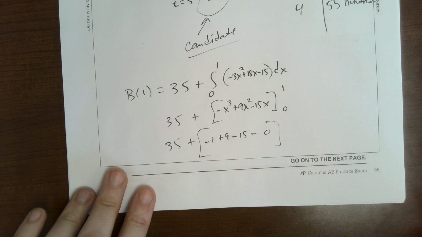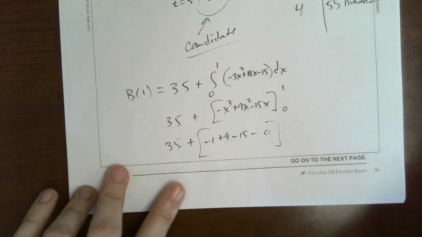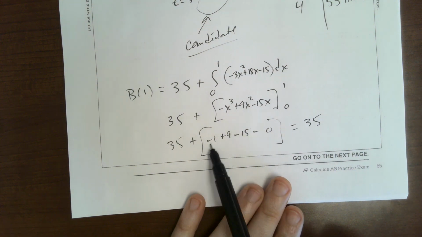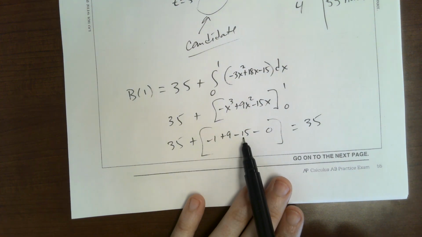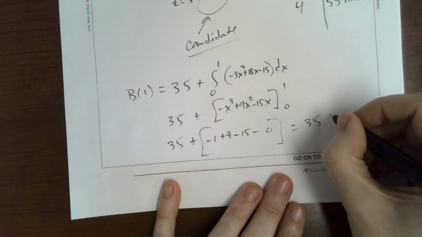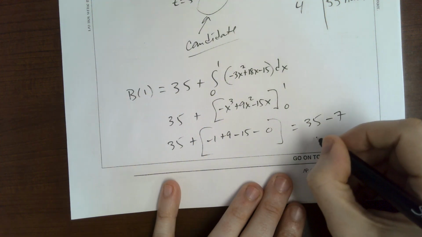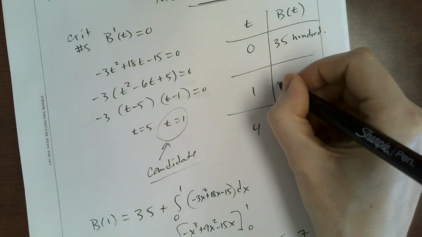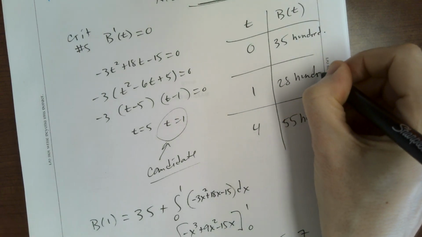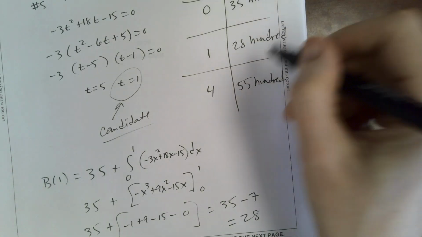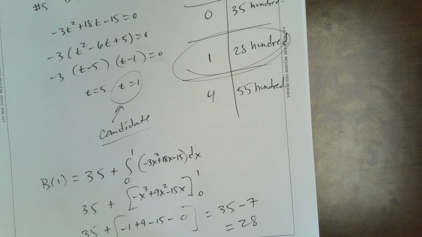So this ends up being 35, and then you add those, it's negative 16 plus 9, which is minus 7. 28. Okay, 2800. Guys, they're asking for the minimum number of bees in the hive. So it would be this right there.